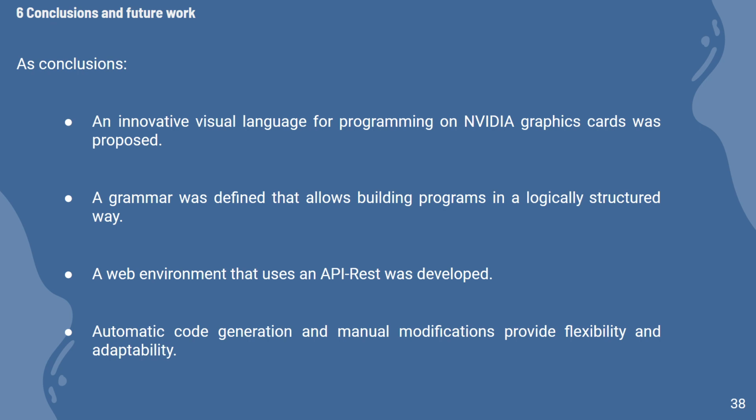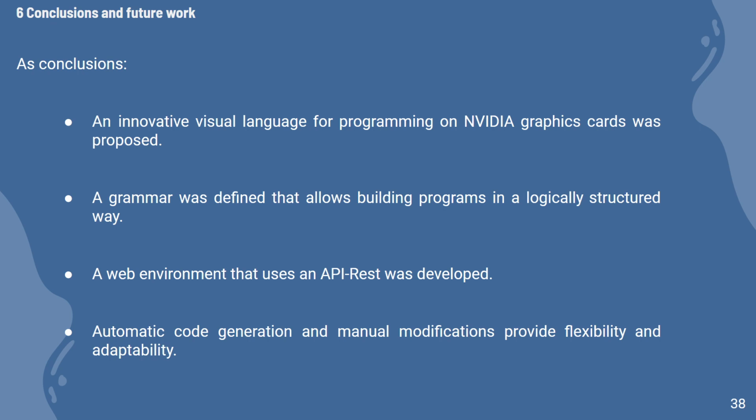The web architecture contributes to the portability of the GLG environment, allowing it to execute on different platforms and devices. The automatic code generation and the ability to make manual modifications provide flexibility and adaptability to the language, striking a balance between the simplicity of visual programming and the complexity of textual programming.